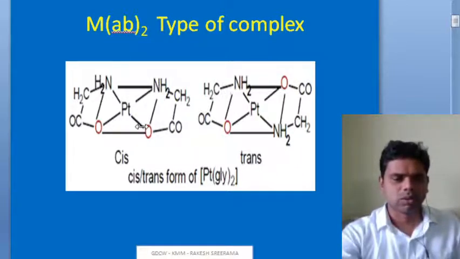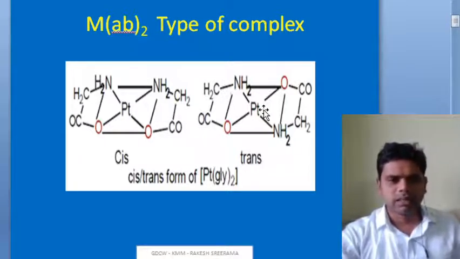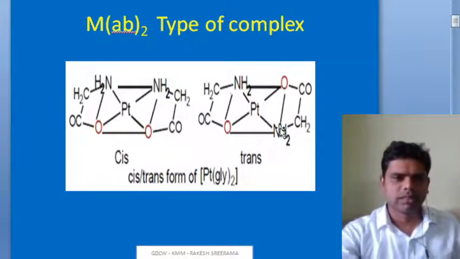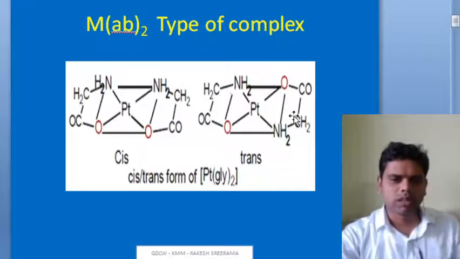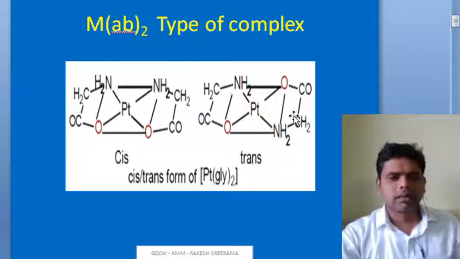Oxygen and oxygen is close. So if you try to arrange them with one variation, that you interchange the position of amine and oxygen in the second one, then oxygens are far apart and amines are far apart. So if they are far apart, it results in what? Trans geometrical isomer.